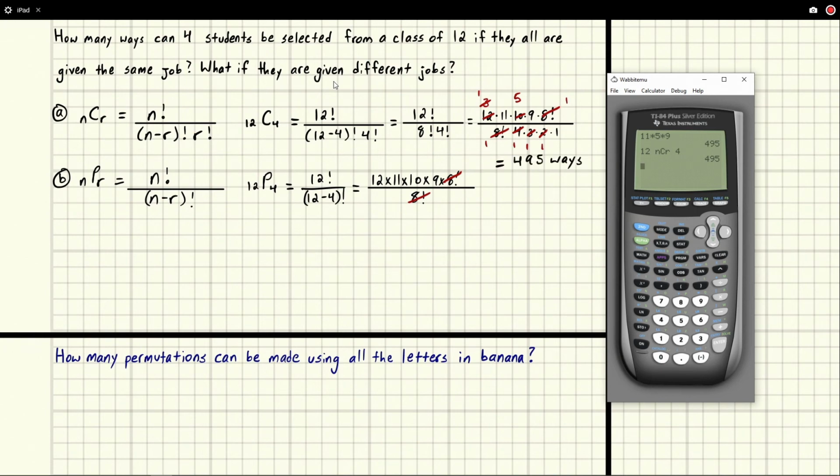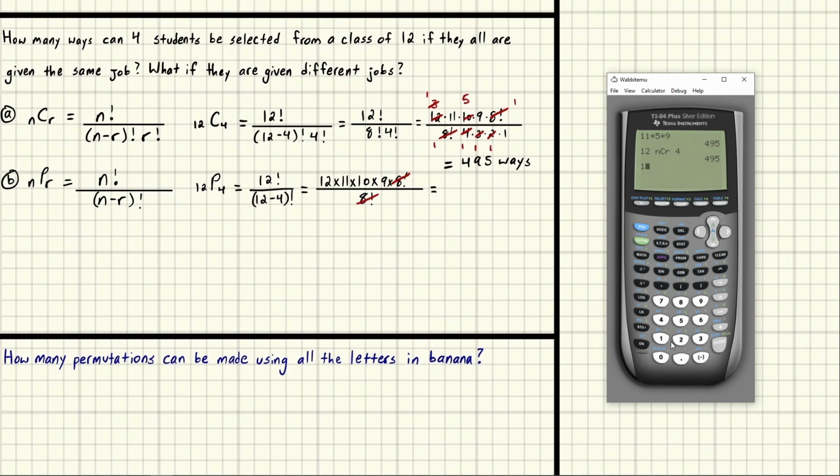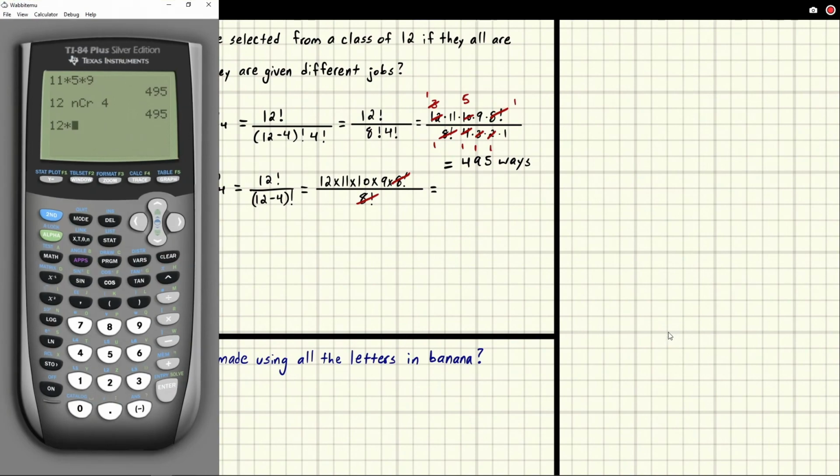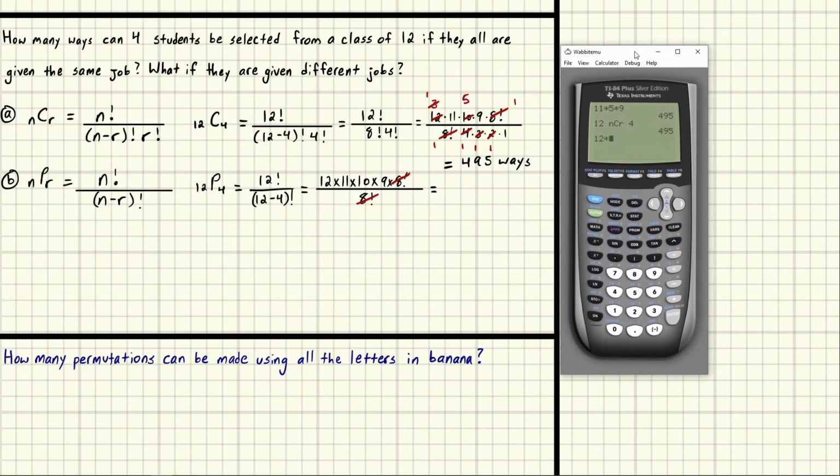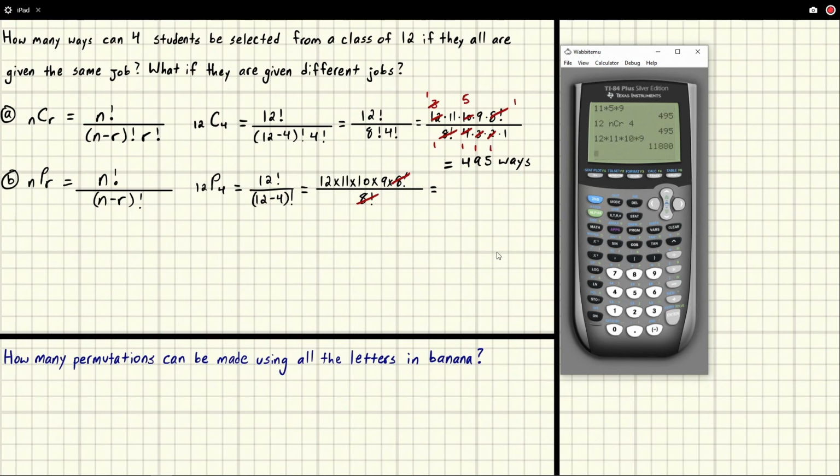It's going to throw us off. So this one's equal to 12 times 11 times 10 times 9, and we get 11,880 ways.